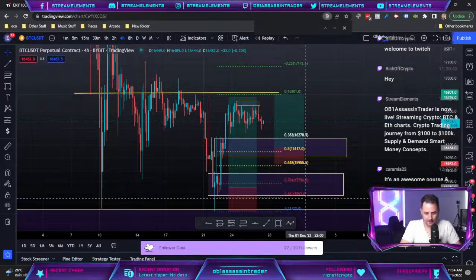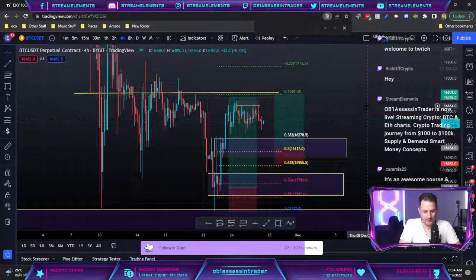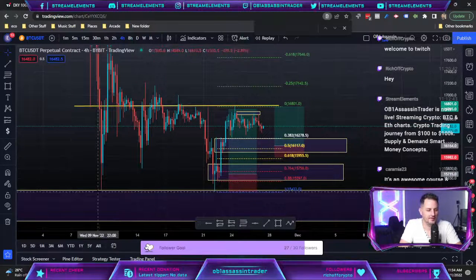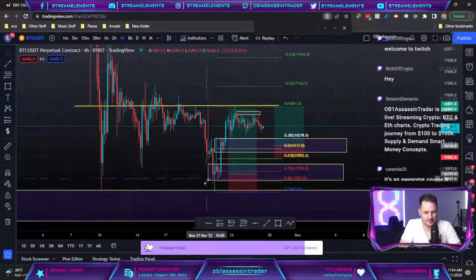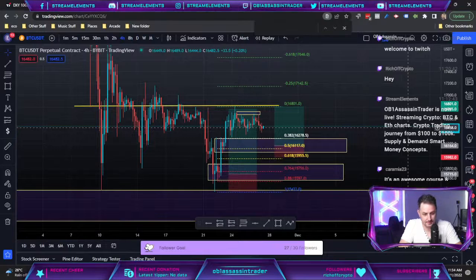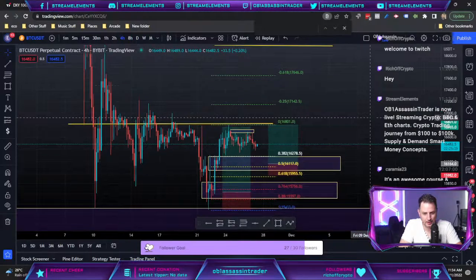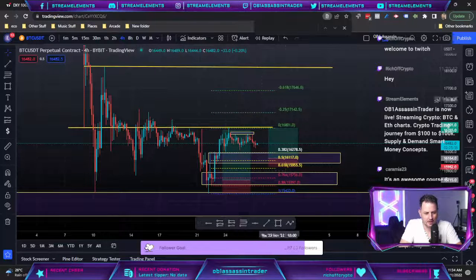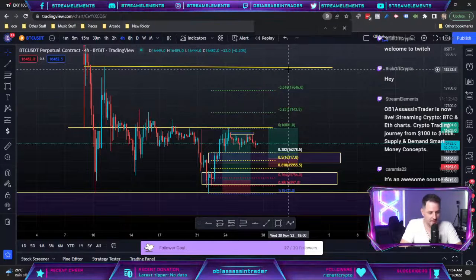Now, if we go back through history, which I'm happy to do with you guys, and we look over the last 2 or 3 months worth of Bitcoin at least, we'd see that at this lower end of a structure, Bitcoin comes and hits it 2, 3, 4, 5, maybe even 6 times. And some of those times we go right up to the top of the structure. So we'll hit this origin and hit right up to the top of the structure. It can happen. It can happen.